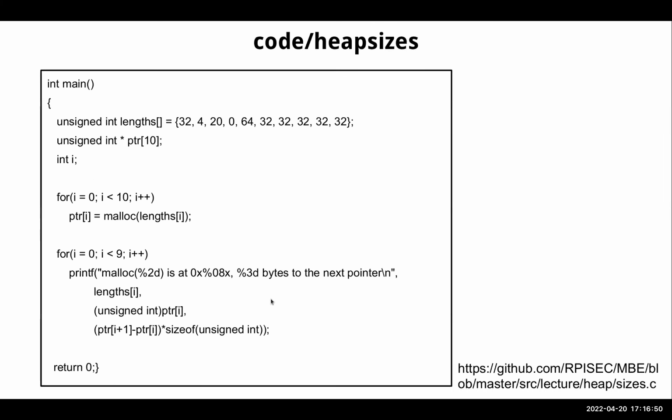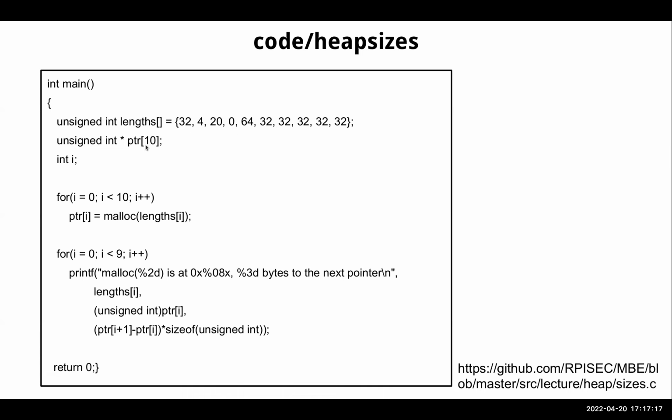For example, here I have a simple program. I took this program from the RPI security class. They did a very good job there, so I just took the code. We have a main function. We have an array of integers, which we call lengths, and there we have 32, 4, 20, 0 and so on.